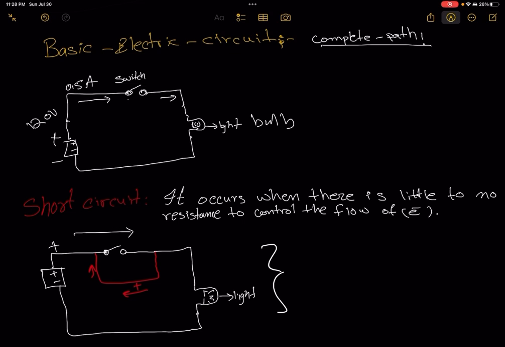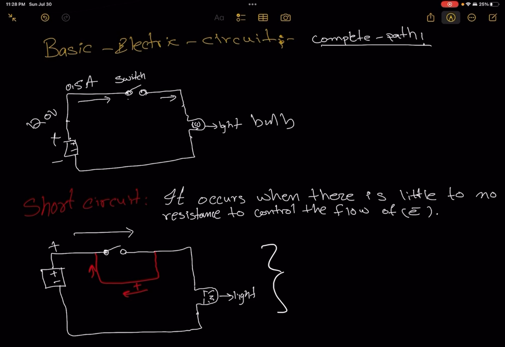Now, since we talked about a circuit, let's talk about a short circuit. This was a complete circuit, and this is a short circuit. Short circuit occurs when there is little to no resistance to control the flow of electrons. What is that saying?